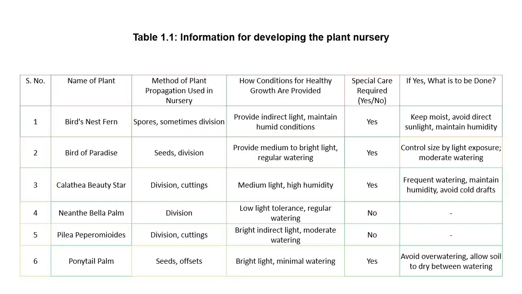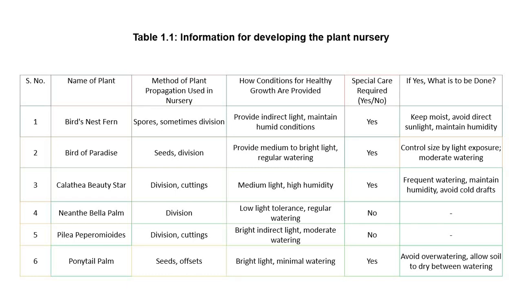Now, information for developing the plant nursery: name of the plant, method of plant propagation used in nursery, how conditions for healthy growth are provided, special care required, yes or no, and if yes, what is to be done. Okay, name of the plant, bird's nest fern.